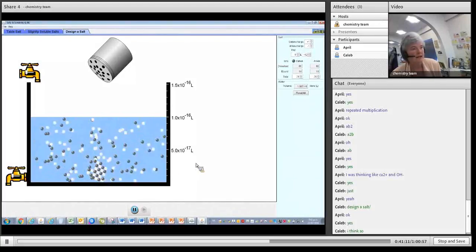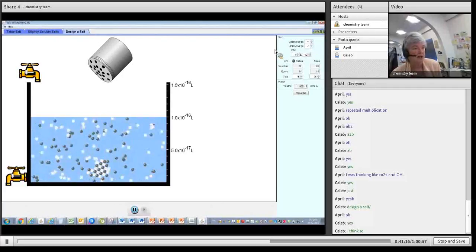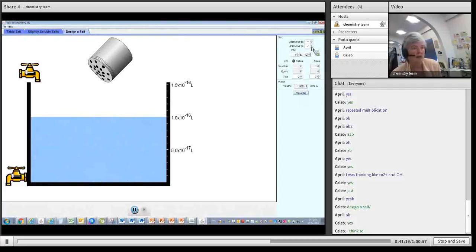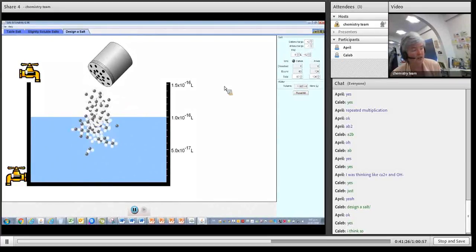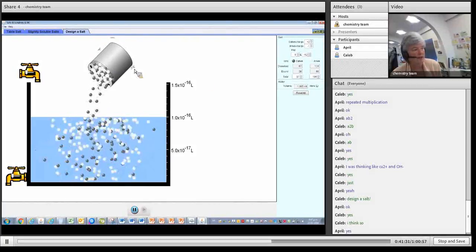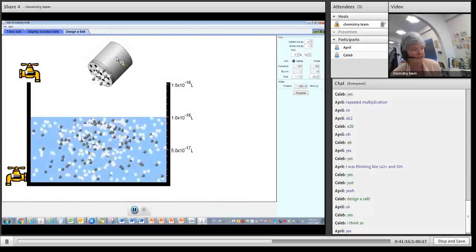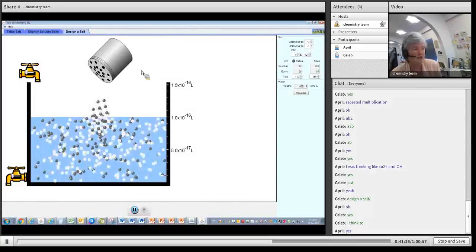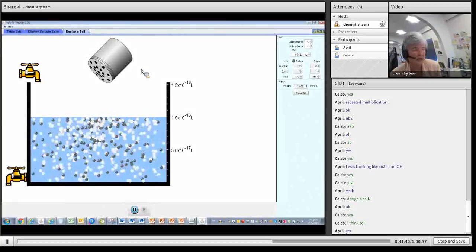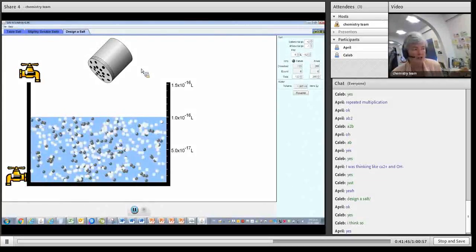Okay, so this is a straight AB salt. If I now go and make it an AB2 salt, and I'm keeping my solubility product the same, can you see how much more can actually dissolve? Look at it, it's still dissolving. So what I'm trying to say is you can't compare KS values if you've got different types of salts.